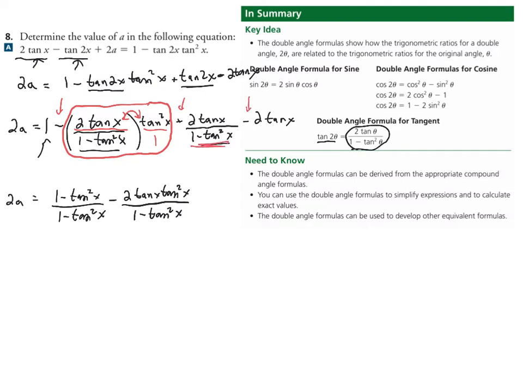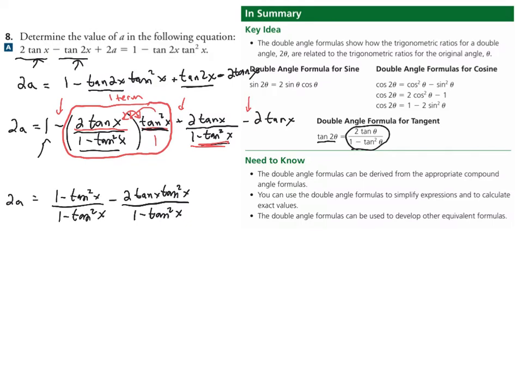Well, this term already is just one term, already has a common denominator. So you're just basically multiplying the top by the top and the bottom by the bottom. So the bottom stays. Just in case you were wondering how it's different from over here, the difference is it's not saying plus tan squared x, it's saying times tan squared x.